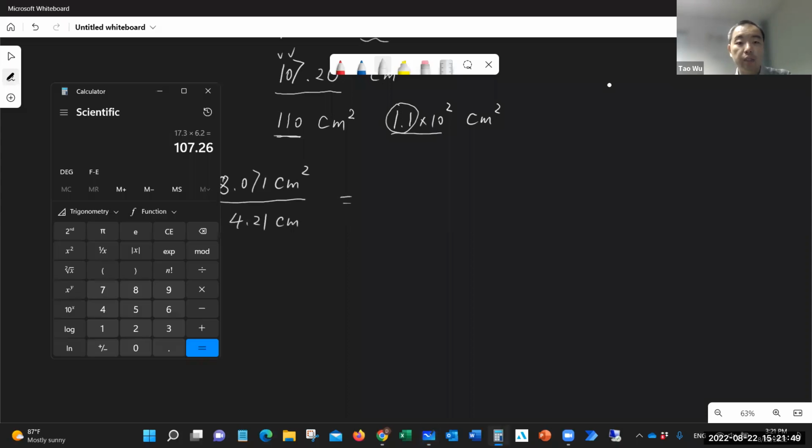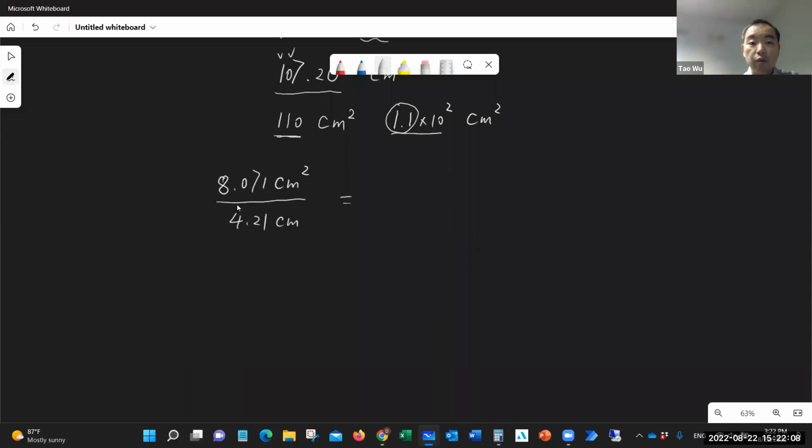Again, you put that into the calculator, 8.071 divided by 4.21, and you get a really, really long number. Definitely you don't want to write everything in your result, right? You need to keep the correct number of digits. Again, this is division, so you're going to keep the least sig fig, right? The top one has 4 sig figs, the bottom one has 3 sig figs.